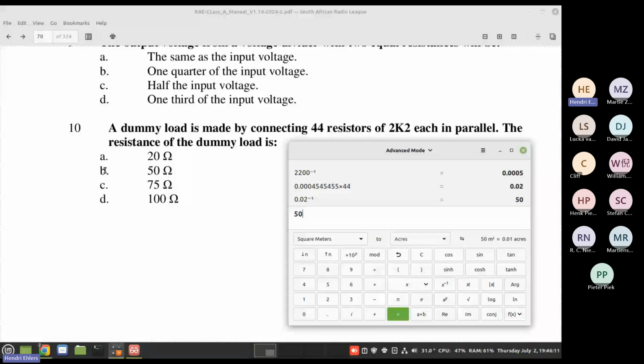So if you're not going to make a 50 ohm dummy load, then you've got a serious problem. But doing the math is always the better answer, because if you do the math correctly, it's either right or wrong. It can't be somewhere in between. So if you are right and the cleverest person on earth is wrong, he's still wrong.